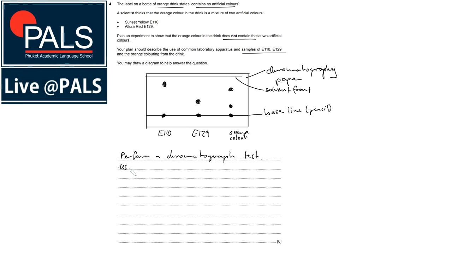We just do it step by step. What would we do? We would use a pencil to draw the baseline, add three colors onto the baseline.